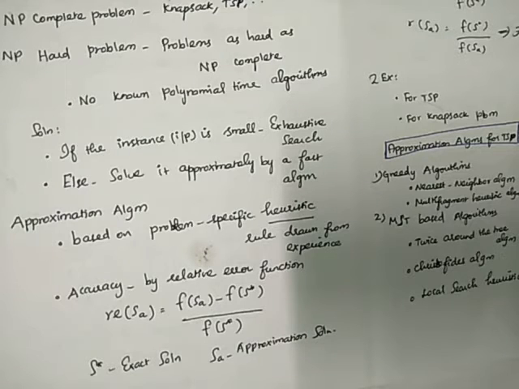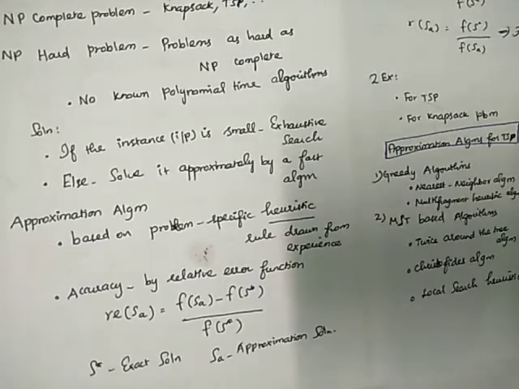The accuracy ratio can be given as a function, that is f of SA minus f of S star divided by f of S star. Here f of SA is the function which produces the output when the problem is solved using the approximation algorithm, and f of S star is the function which produces the answer when the problem is solved using the exact algorithm.